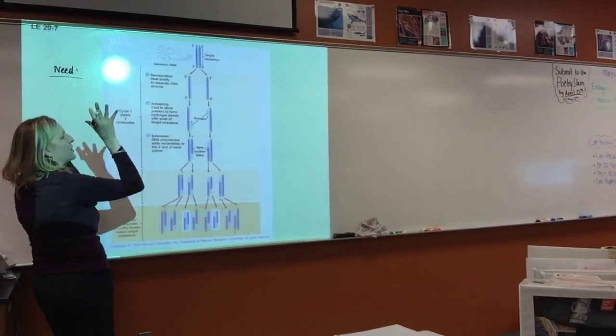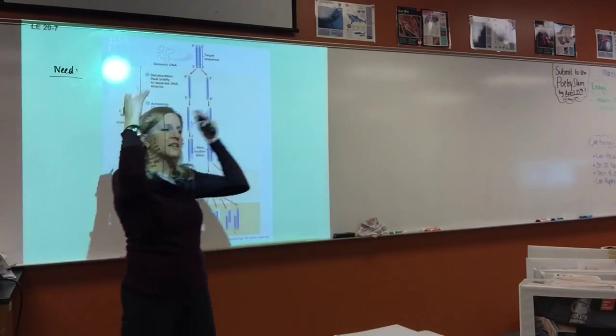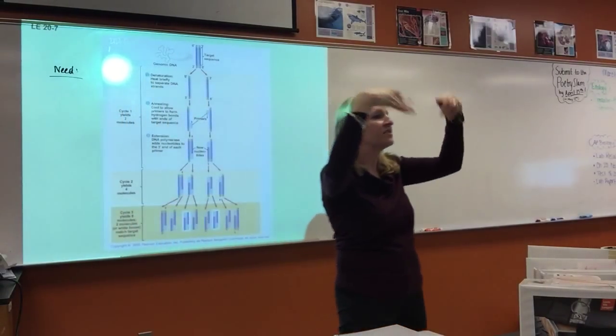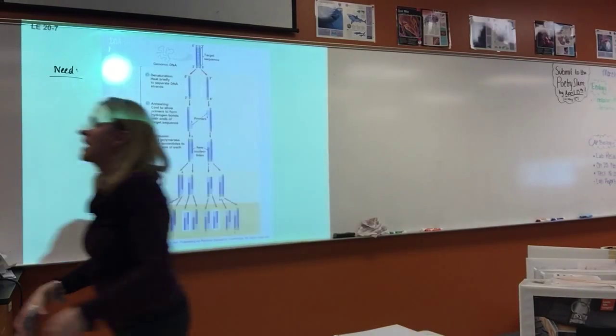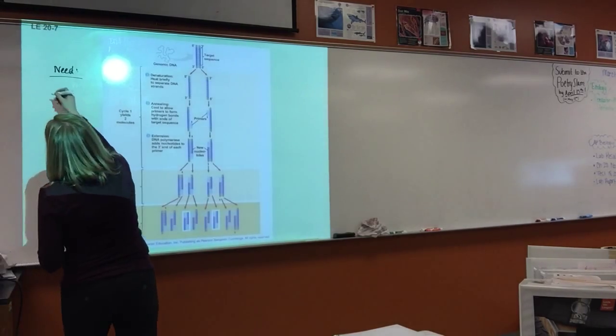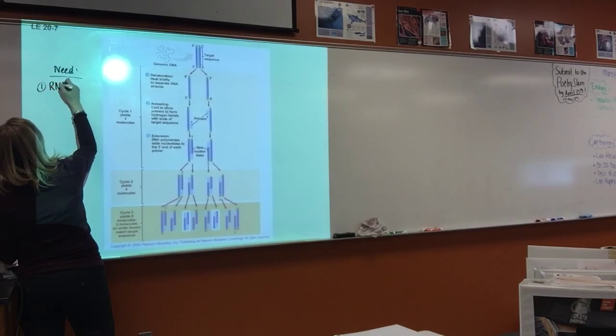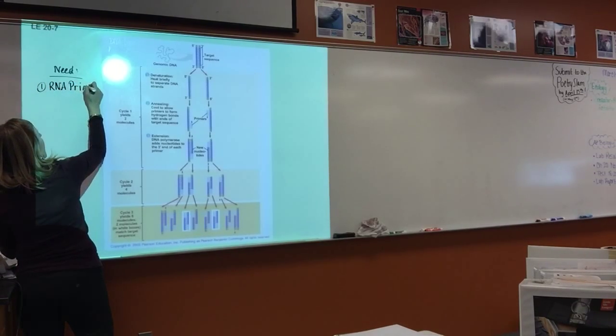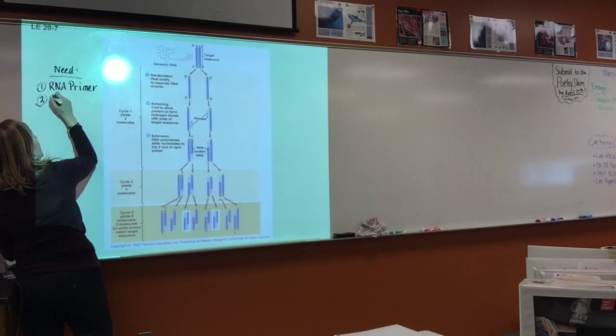So knowing about DNA replication, they put in this machine the things that are needed for DNA to replicate. So what is needed for DNA to replicate? A primer. So we have an RNA primer. We need DNA polymerase.